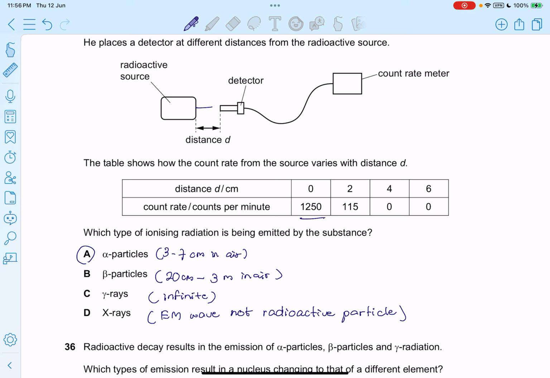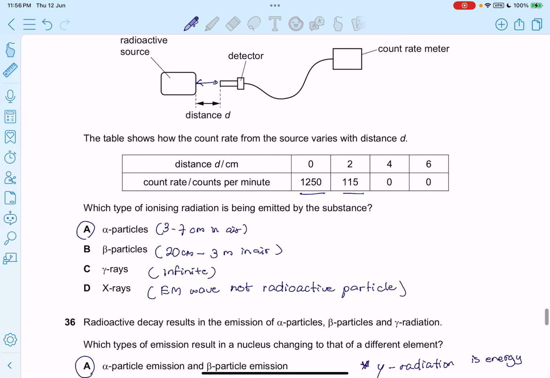When it's 2 centimeters further away, it's a lot lower, 115, and at 4 centimeters it is 0. So we can conclude that it is an alpha particle, because alpha particles can move 3 to 7 cm in the air.